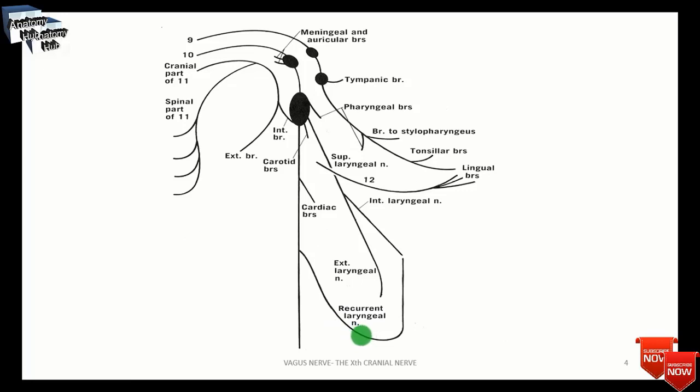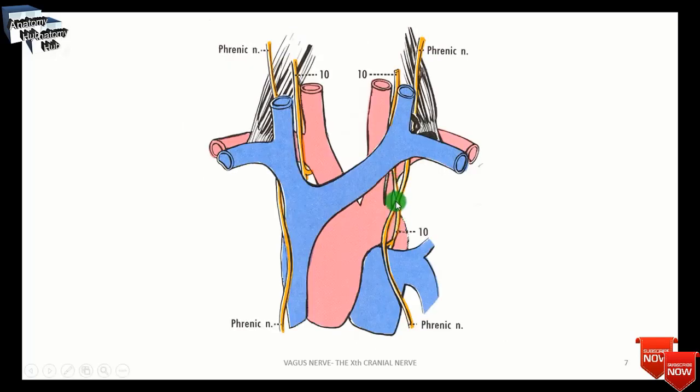The right nerve hooks inferior to the first part of the subclavian artery, whereas the left nerve hooks around the arch of the aorta and the ligamentum arteriosum, that you can see here, how the left recurrent laryngeal nerve hooks around the arch of the aorta over here. Here is your recurrent laryngeal nerve, and how it hooks around the ligamentum arteriosum.